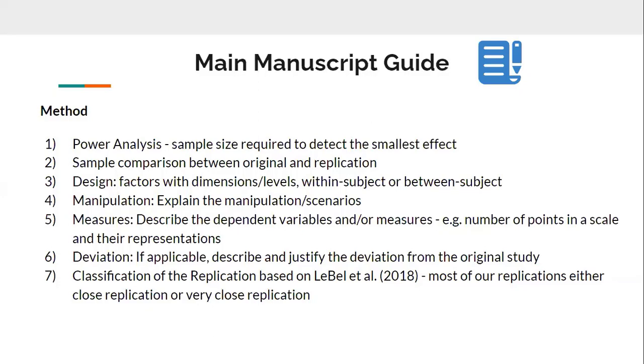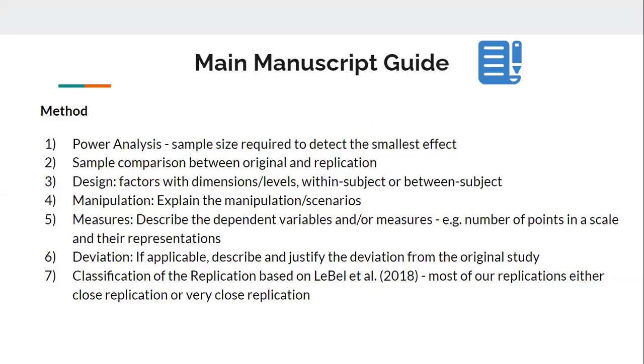Then you should describe the design and procedure specifically and clearly. By that I mean, this lists all the factors, all the levels or dimensions, and the design of the study, whether it is within-subject design or between-subject design, for example.